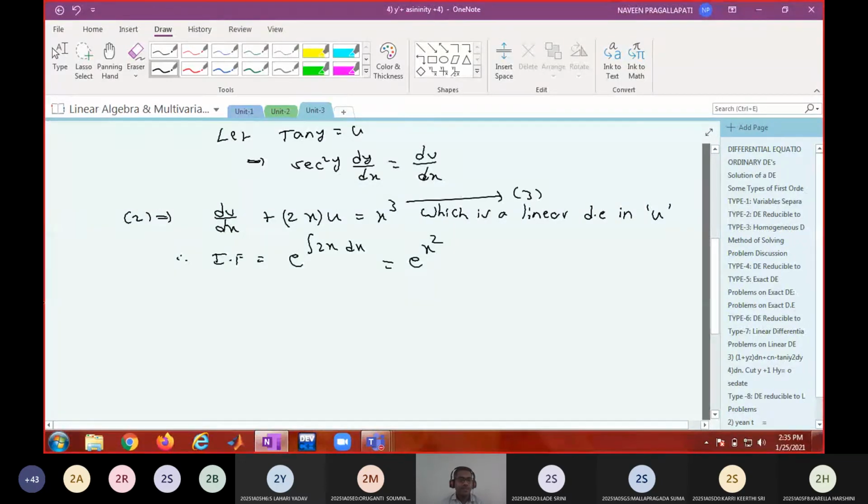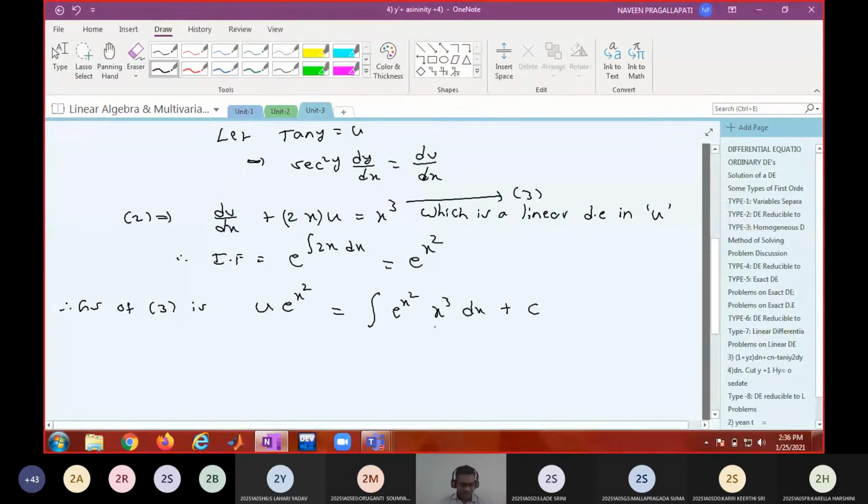The general solution of equation 3 is: dependent variable u into integrating factor e power x square equal to integral of e power x square into x cube dx plus c.